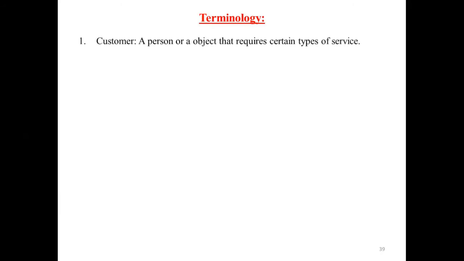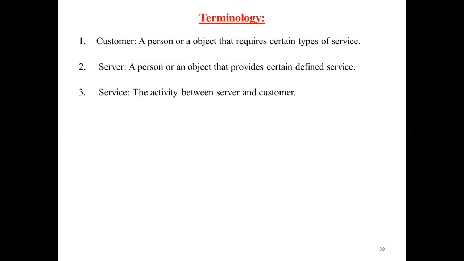Terminologies used in queuing theory. The first one, customer: a person or an object that requires a certain type of service is known as a customer. Server: a person or an object that provides a certain defined service is known as a server. A server is one who will provide the required service to the customer. Next, service: the activity between the server and the customer is known as a service.